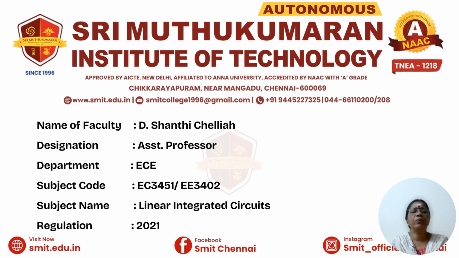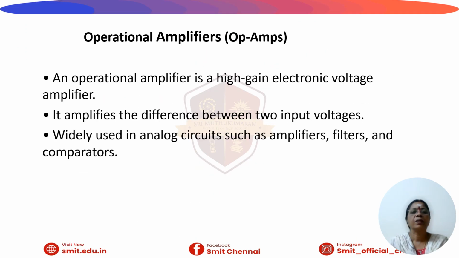In this video, I am going to take operational amplifiers, basic characteristics and its principles. An operational amplifier, also called an op-amp, is a versatile high-gain direct coupled voltage amplifier with differential input.